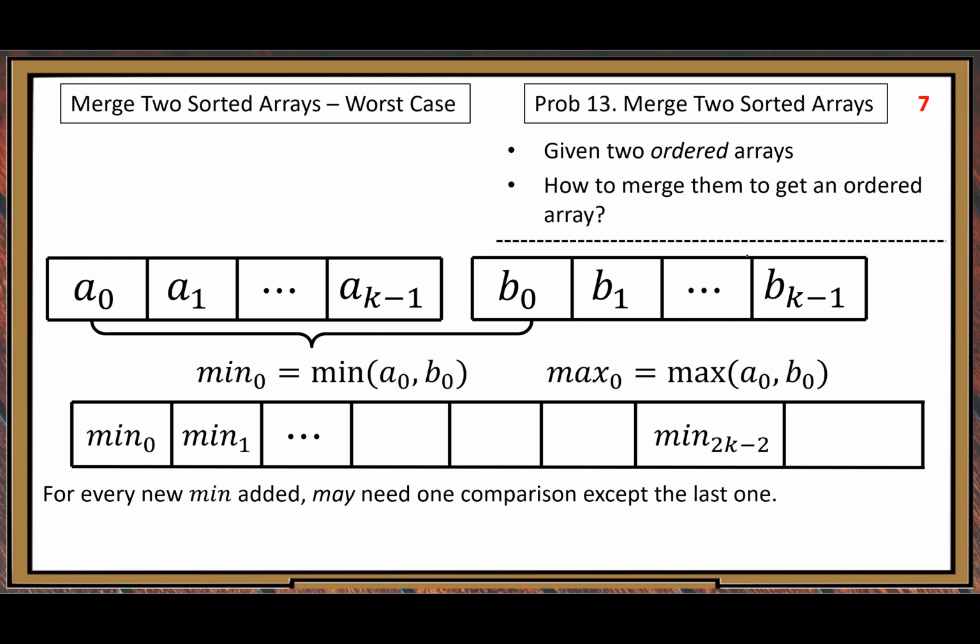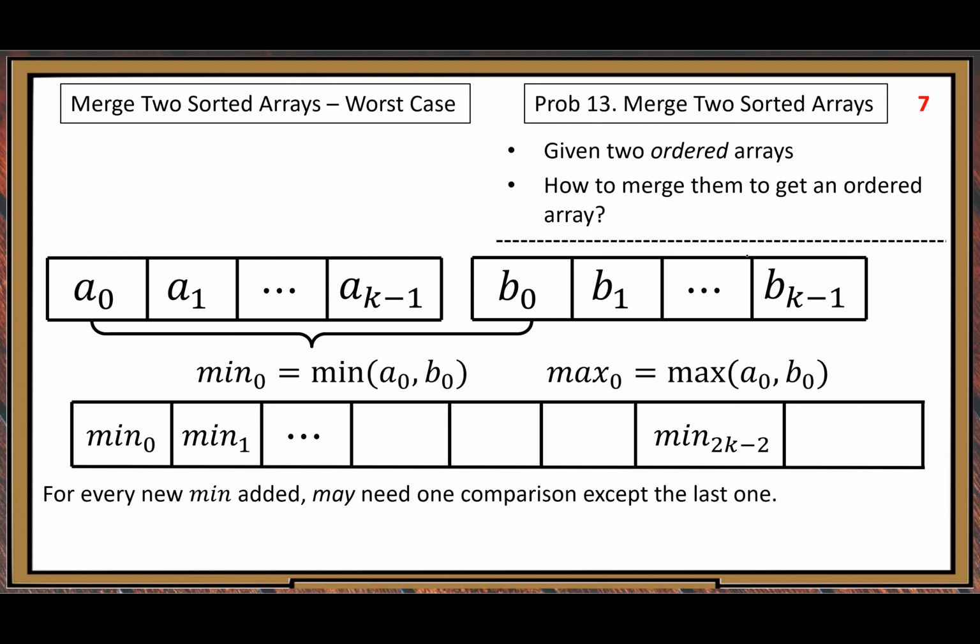When we have only the last element left, we just put it in the last position. No comparison needed, because only one element is left. We just put it in place immediately. After that, we get the whole array sorted.